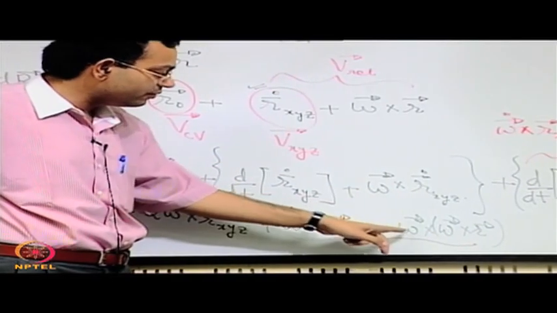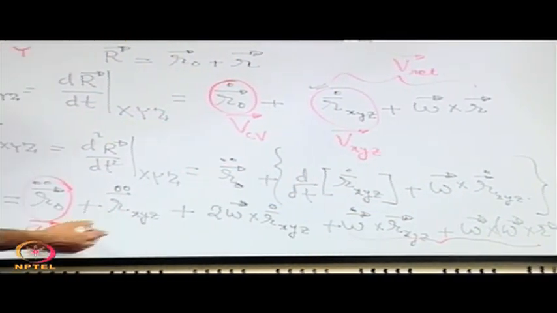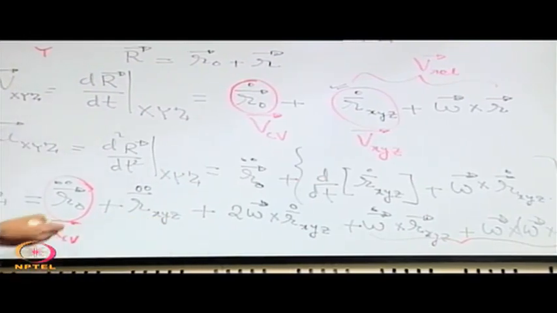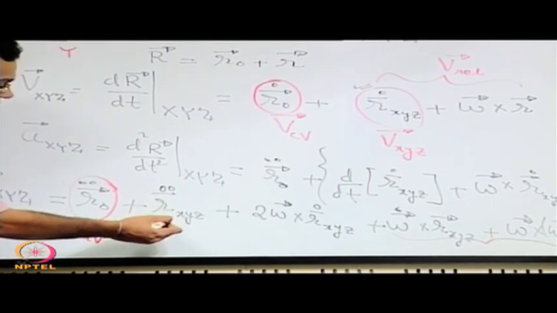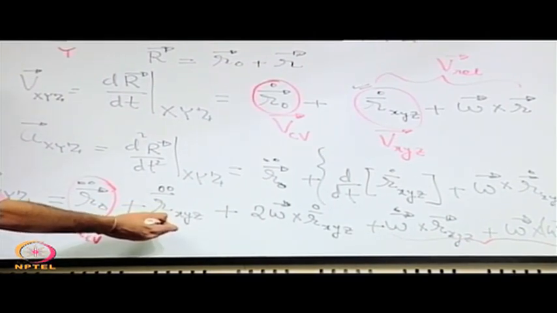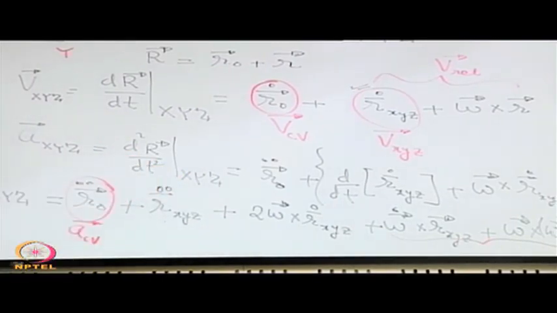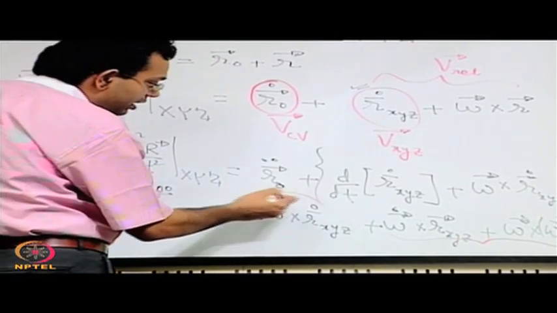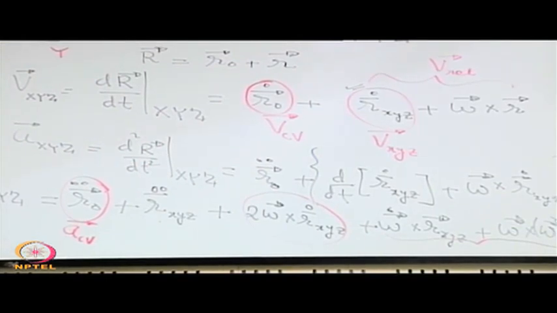This is the direct consequence of the linear acceleration of the control volume. This is because of the linear acceleration of the particle relative to the control volume, and this is a combination of the linear and angular motion effect.